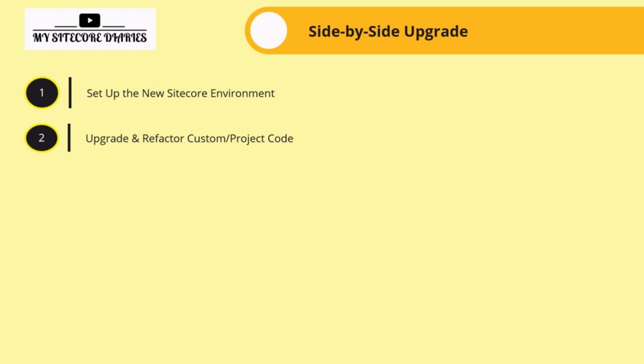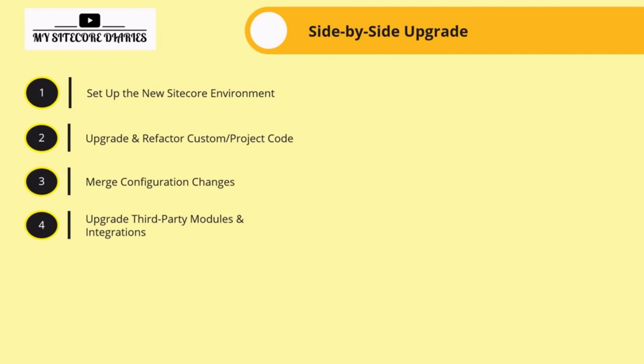If it is not working, you may need to update your code or use alternate code. There might also be some configuration changes which you need to merge, and you may need to update your third party modules and integrations, depending on whether there is any framework change. Code-wise, the chances of changes are less, but still, you may need to do them.